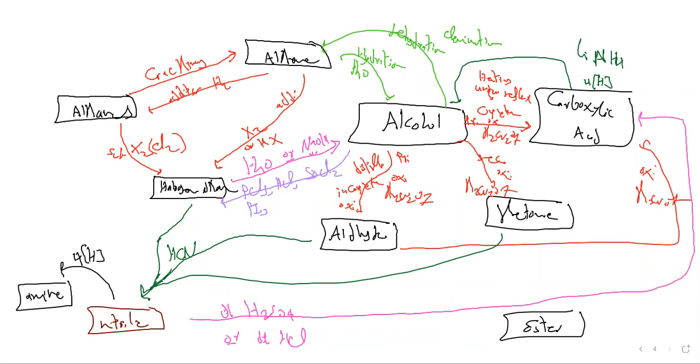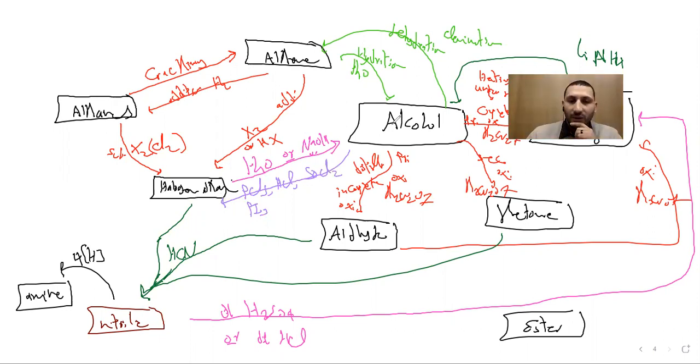So in case of going from halogen alkanes to alcohols by reacting with H2O or NaOH, it must be aqueous, because if we're reacting with alcoholic, it will form alkene. So for halogen alkane to change into alkenes, it must react with NaOH alcoholic, but in case of NaOH aqueous, it will form alcohol.